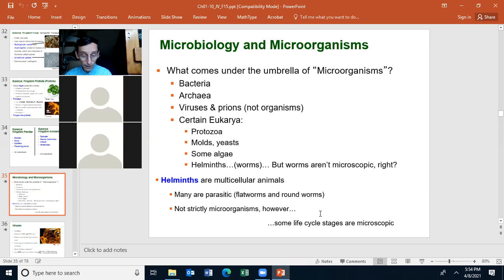It's usually the fertilized egg which is the infective stage of the worm, which infects the human. And this life stage is microscopic, and it's the one causing disease in humans. That's why microbiologists study helminths, even though the adult worm usually is not microscopic. Its fertilized egg is. And that's the stage which is infective to humans. All right, any question about any of that?